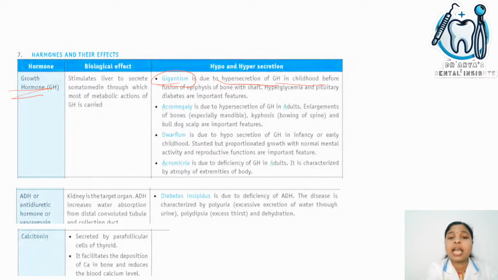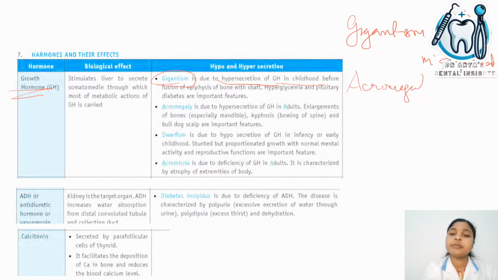So it is due to the hypersecretion of GH. So gigantism is due to the hypersecretion of GH in childhood. Okay. Then coming to the next one, that is acromegaly. Acromegaly is due to the hypersecretion of GH in adults.